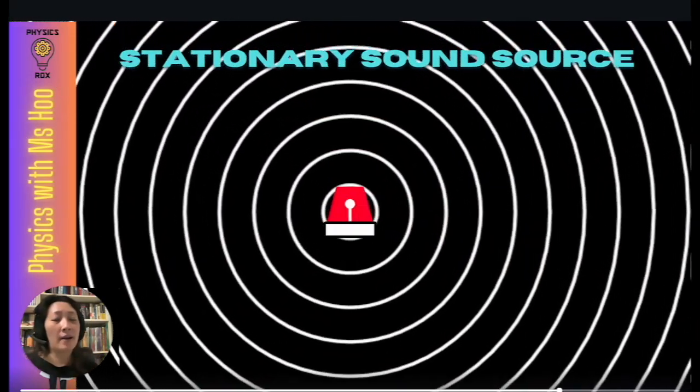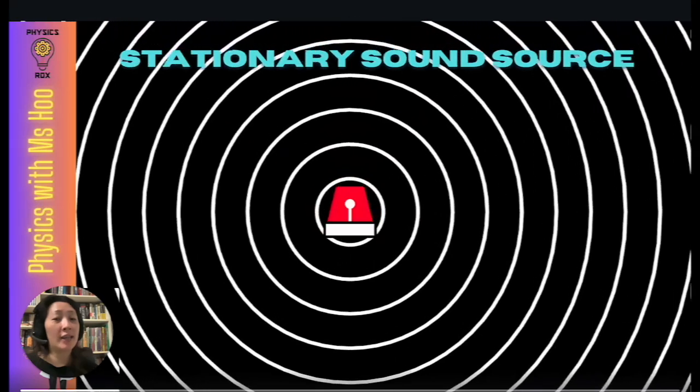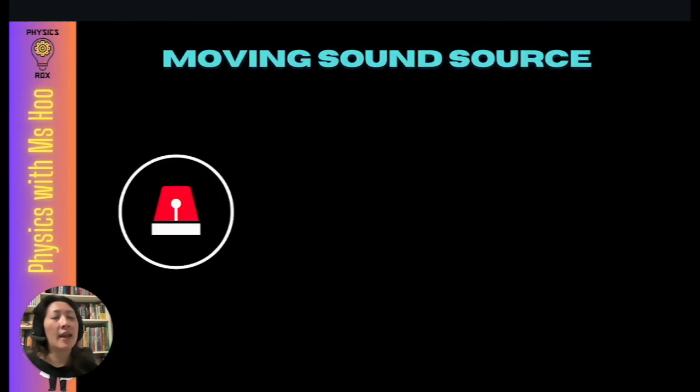Now let's compare the pattern of these sound waves of a stationary sound source to a moving sound source. Now obviously these patterns are not going to be the same. So what we'll be observing here is a sound source that's moving from left to right. Now let's say at this position, the sound source emits one sound frequency. So this white circle represents that sound wave being produced.